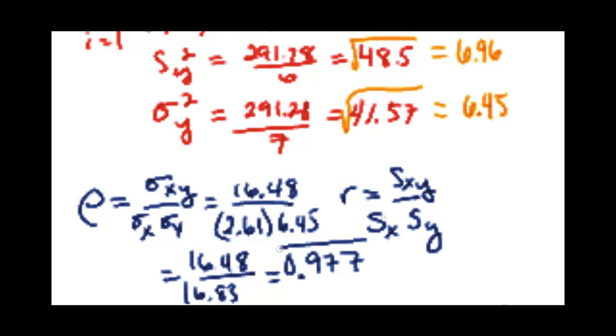So that would be rho for the population, coefficient of correlation.